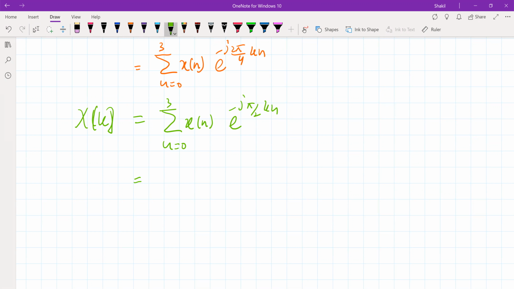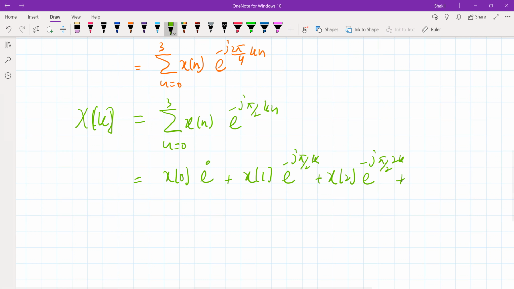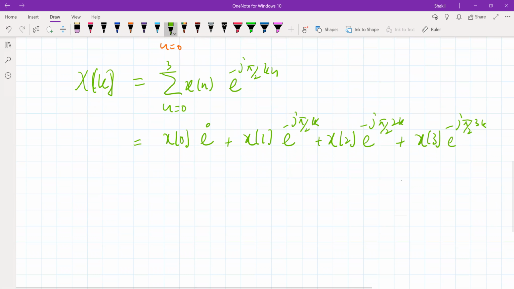So substituting the values of n, this will be x of 0 e to the power of 0, plus x of 1 e to the power of minus j pi by 2 k, plus x of 2 e to the power of minus j pi by 2 2k, plus x of 3 e to the power of minus j pi by 2 3k, right?